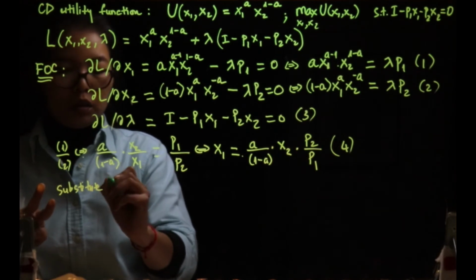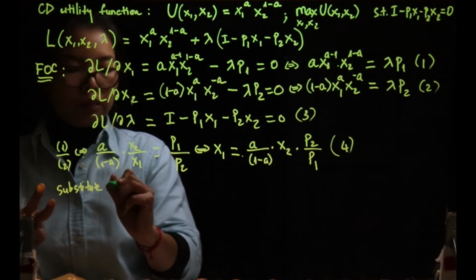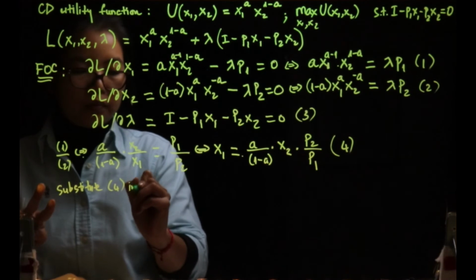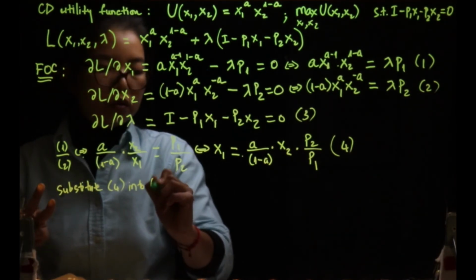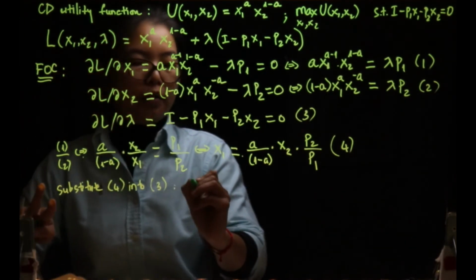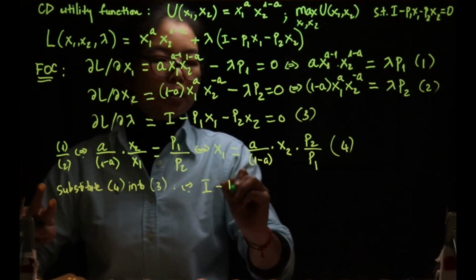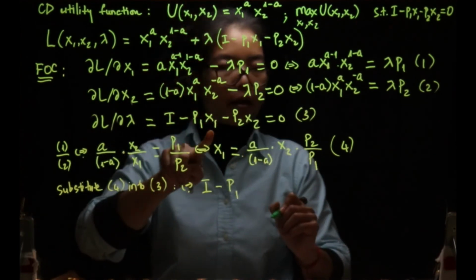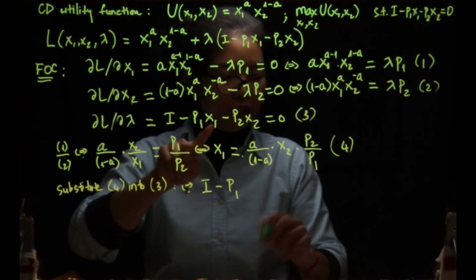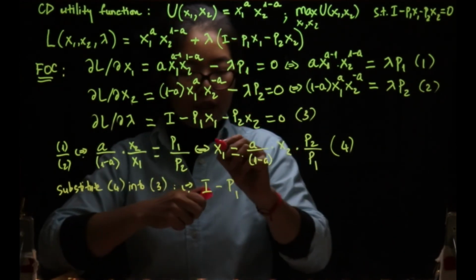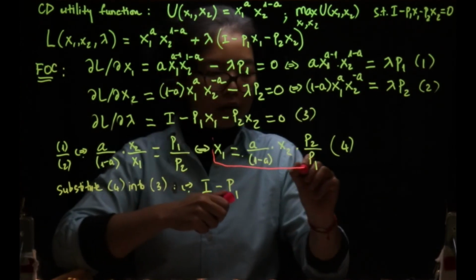Substitute 4 into 3. We have I minus p1 times x1. Watch out, x1 is now this guy.